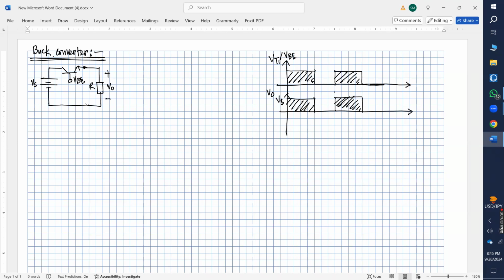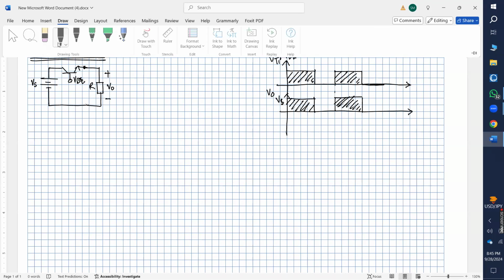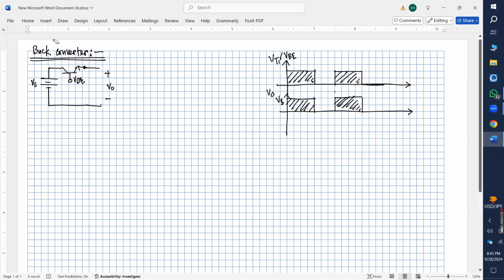As you can see, our output voltage is not purely DC, it is a pulsating one. In order to avoid this situation, instead of the switch connected directly to the load, we introduced a low pass filter here.